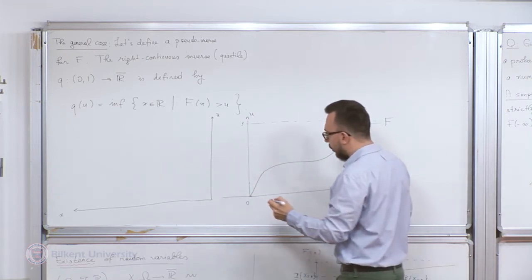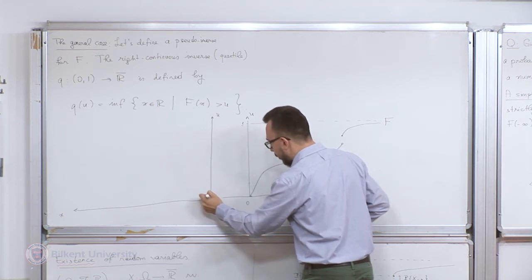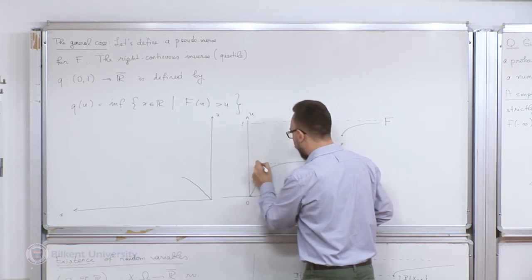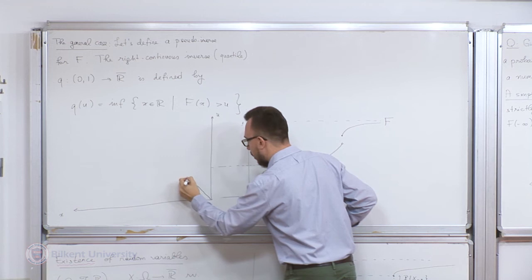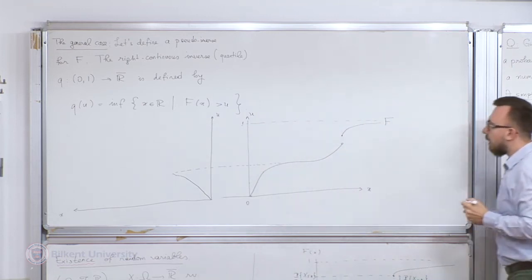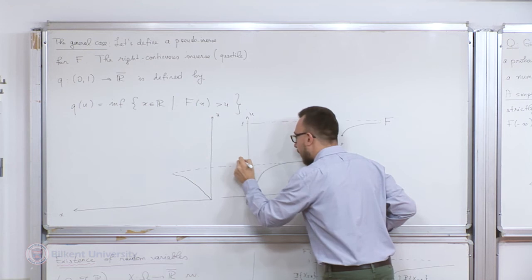That has an inverse. So for those values, it's not very difficult to draw the inverse function until this point.